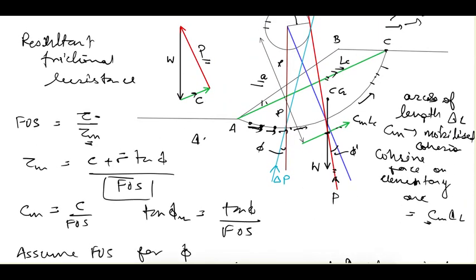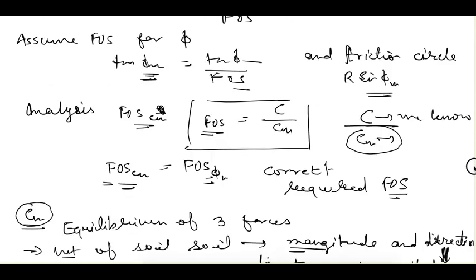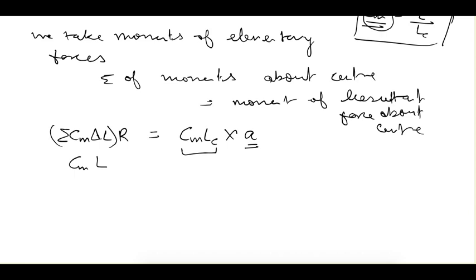In this diagram, if these small arcs of length delta L, if we do the sigma of delta L, it will give us the total length of this arc AC, which is equal to L, let's say. And so from here, this is Cm L into r, it is equal to Cm Lc a. So Cm will cancel out, and a is equal to L upon Lc into r.